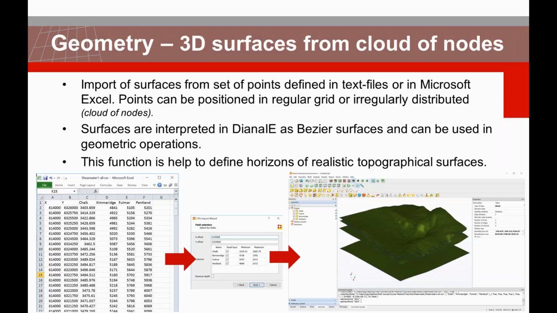You can import all those based on an Excel sheet or text file into the DIANA program, and the program automatically converts them into a three-dimensional surface with very good precision and interpolation, making a realistic topographic surface for you.